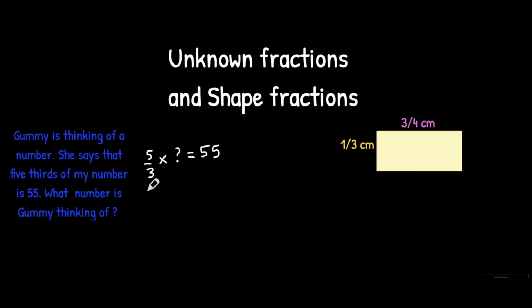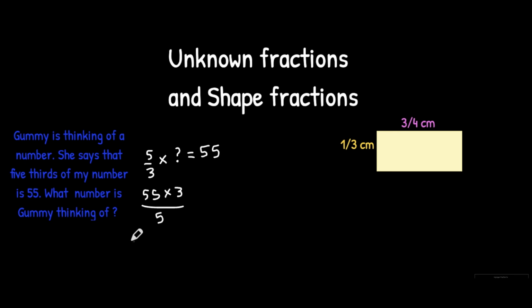We're going to take the 55, and whatever was dividing, that is the 3, we do the opposite. The opposite of divide is multiply, so we multiply by 3 instead of dividing by 3. And because 5 was multiplying, we divide by 5. And that will give us our answer.